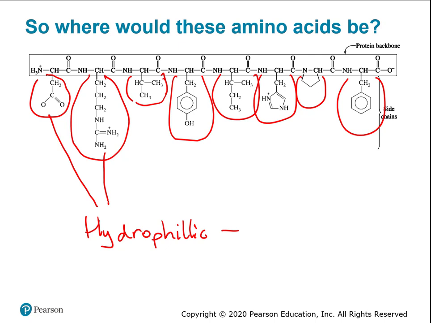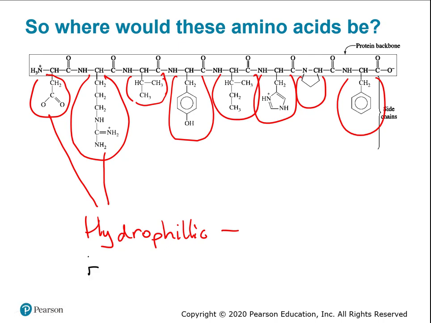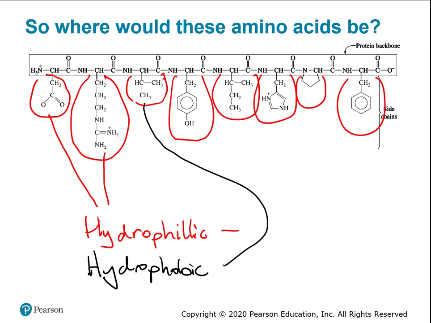What about the next one? This one is hydrophobic. Hydrophobic because do you see that that R group is nothing but carbon and hydrogen? There's just CH, CH3, CH3, nothing but carbon and hydrogen, so it is hydrophobic. What about the next one?